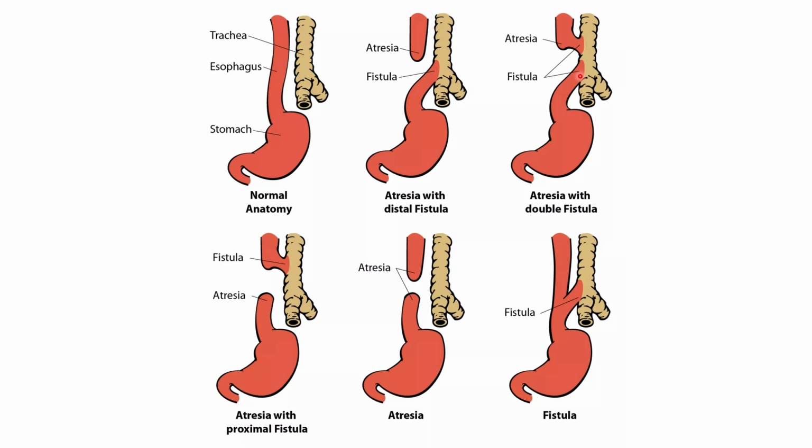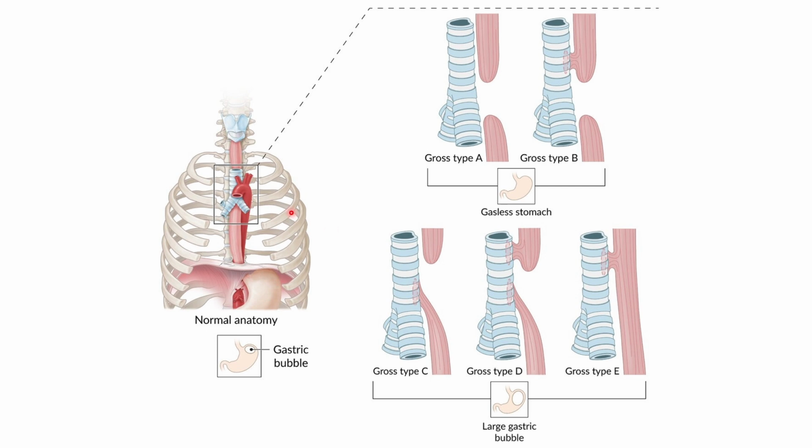This is a fistula, this is a fistula. Here we will have a separate atresia with the proximal fistula. This is the atresia and this is the fistula. This is only atresia. We'll have two pouches. And this is just a fistula: the esophagus continues to the stomach, but we will have a fistula to the trachea.